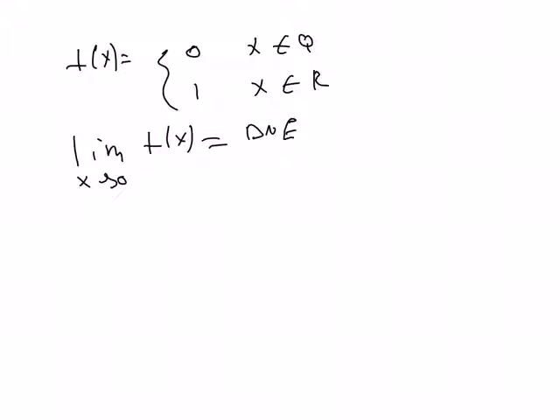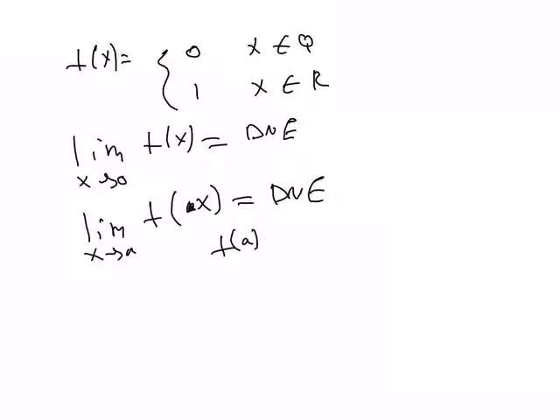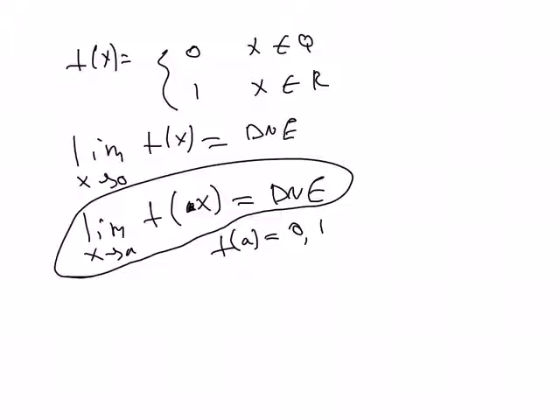Now, by the same account, we can show that for any a, for any single number in the interval, the limit as x goes to a of f of x does not exist, going through the same exact argument that we did in the previous video. We know that f of a is either 0 or 1, depending on whether a is rational or irrational, but the limit doesn't exist. And so we cannot say that f is continuous anywhere, which makes sense.